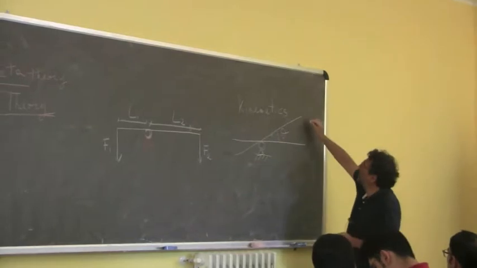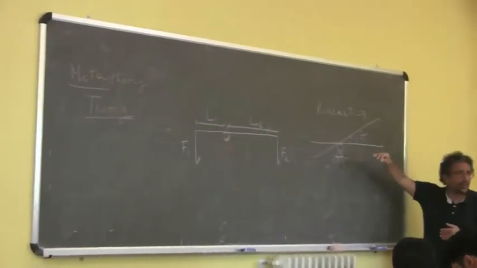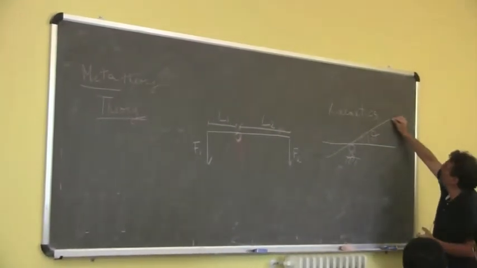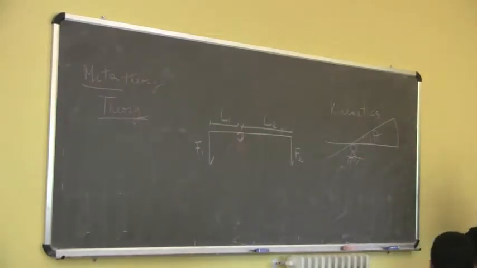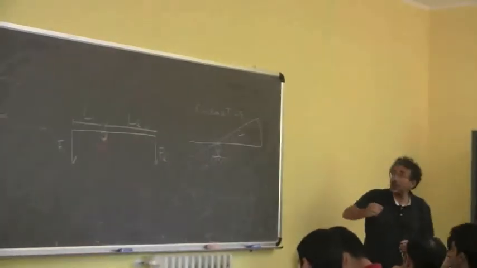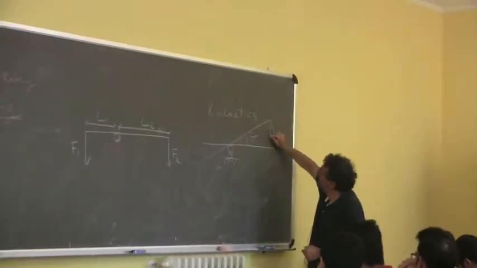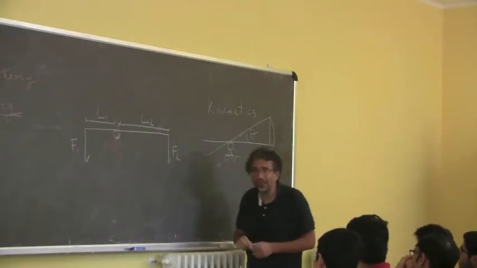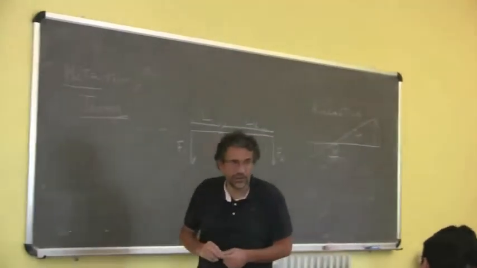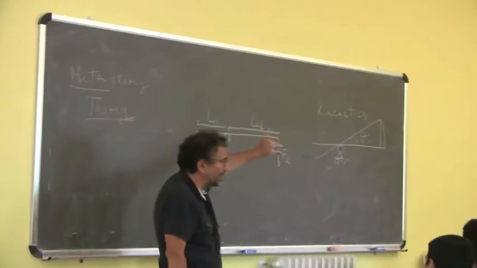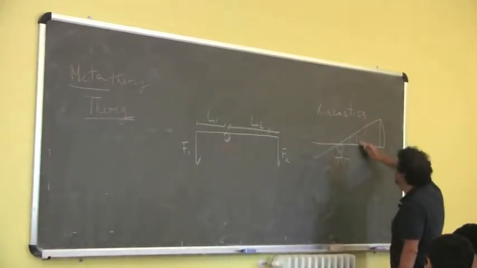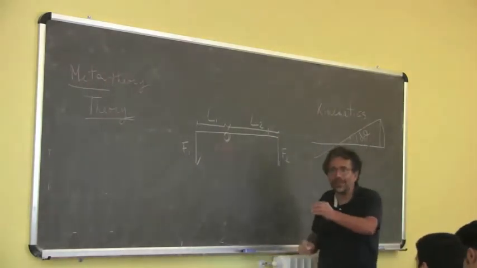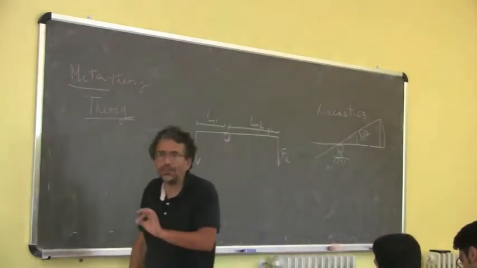So even if I have drawn a big theta, I will confuse the arc of the circumference with the straight line, which is the chord of it. This is true when theta is very small. Usually in the principle of virtual work we call it delta theta, because delta in the Greek tradition is something very small.